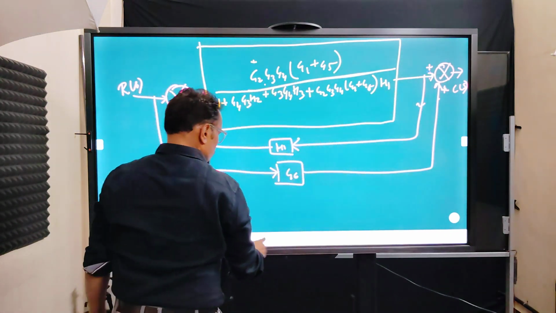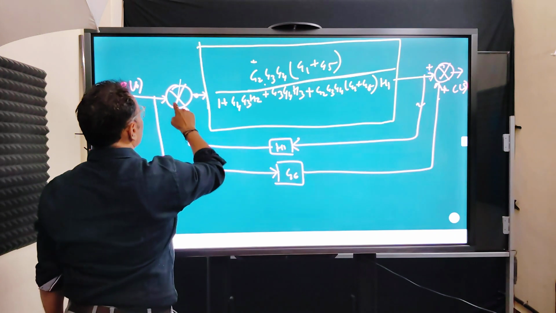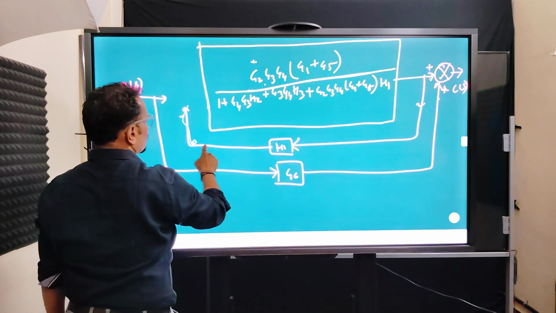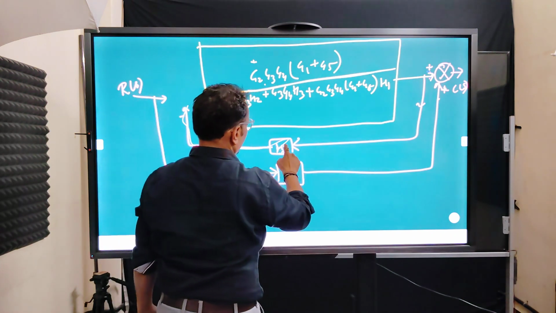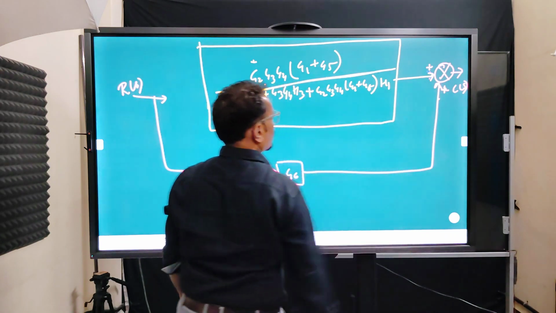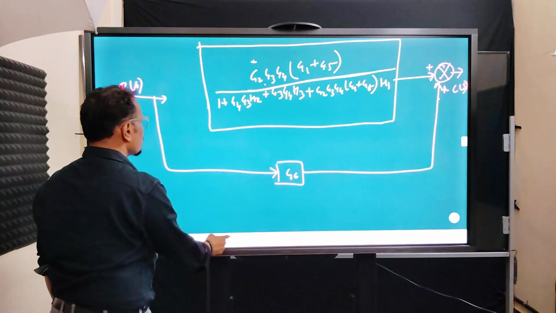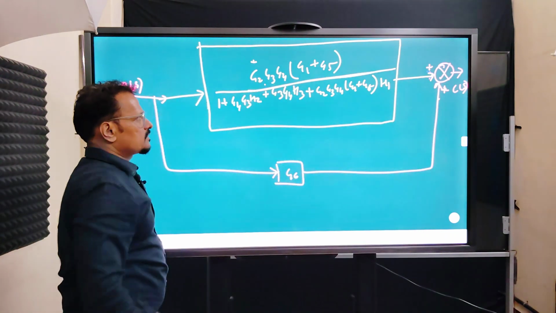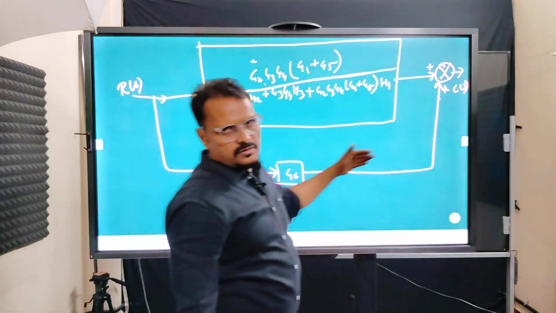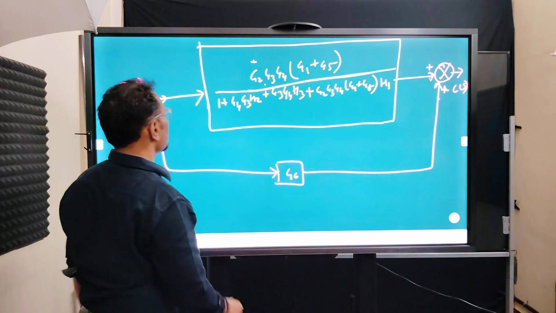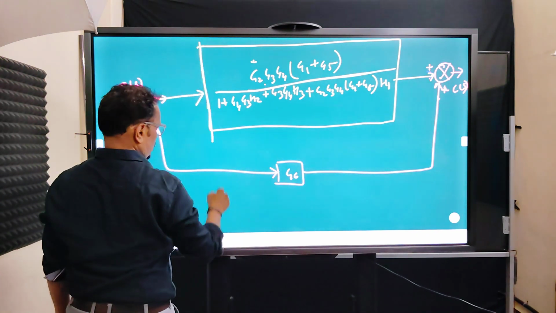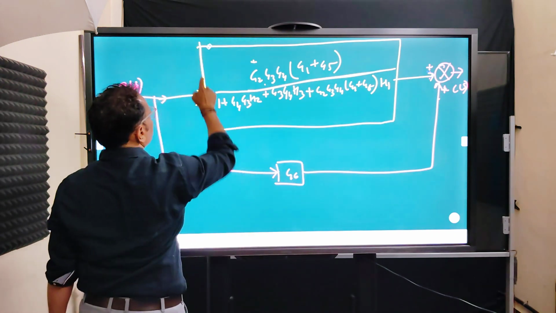If you remember, to remember this, what I did is I have replaced this loop. We replaced this loop, so we got a system like this. Now you can see that these are forward paths. So ultimately this G6 will also go out. So what will I get?